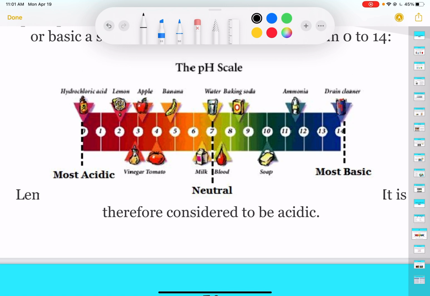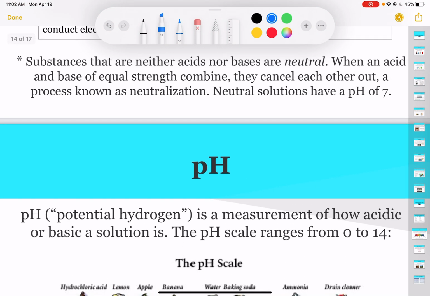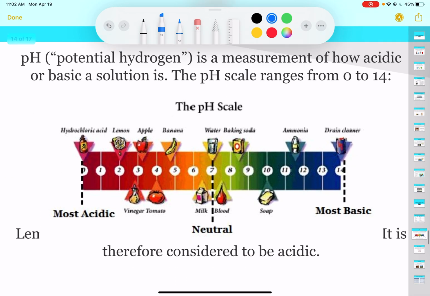So what I'm trying to link here is that it's not going to be as harmful for you to eat things that are acidic as it would be basic. And that's all because of neutralization. In our stomachs, we have stomach acid. If we add acids to it, it's going to keep our stomach acid working. But if we add bases to it, like if we drink some drain cleaner, that's going to start to neutralize the acids in our stomach.